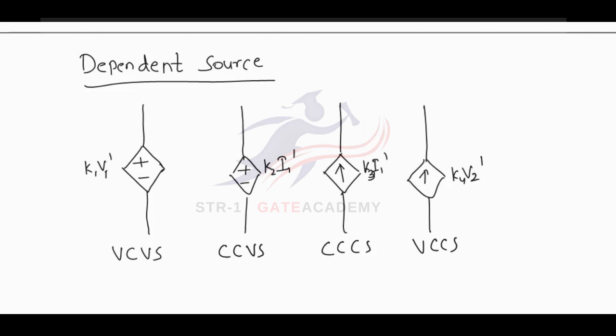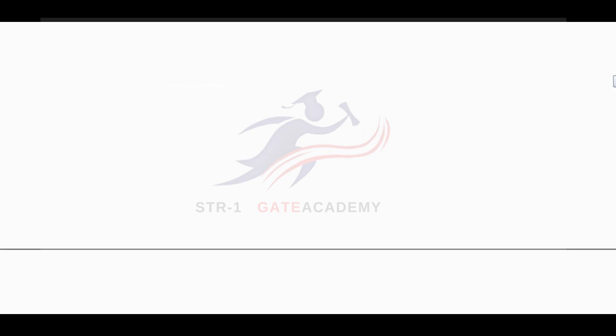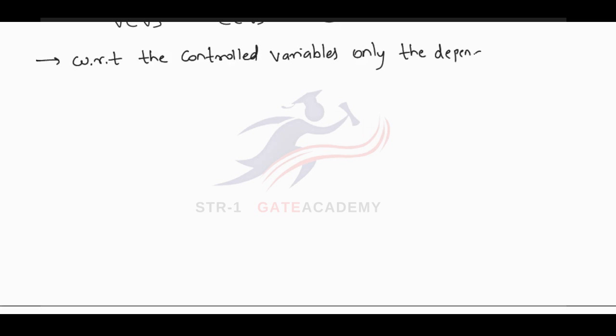Now there are a few very important points about the dependent sources. First is with respect to the control variable. The first point is with respect to the controlled variables only. The dependent sources are linear.